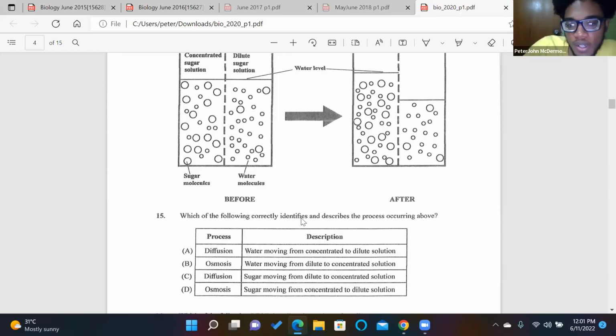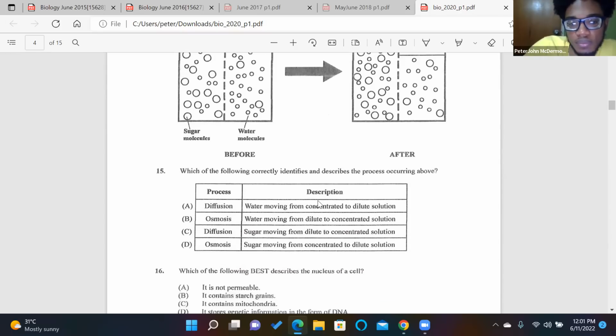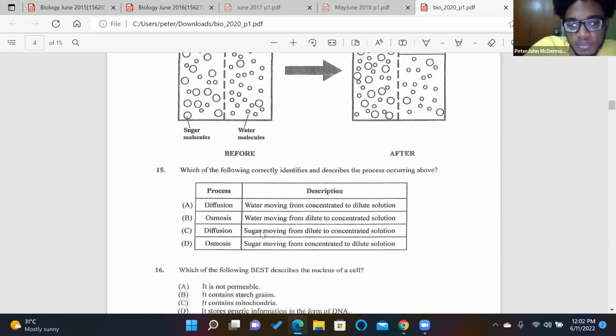All right, which of the following correctly identifies and describes the process occurring above? What do we see? What's the answer for this?